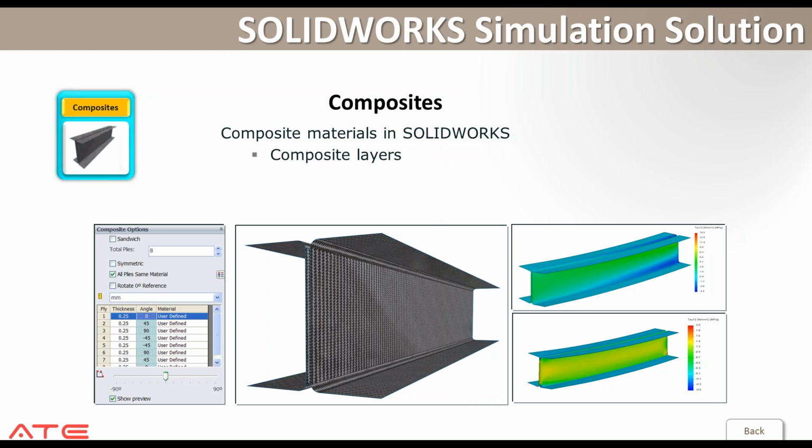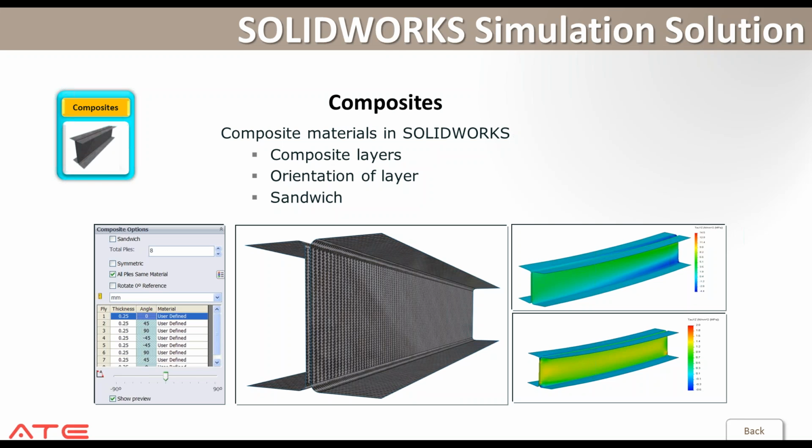So we have composite layers and orientation of layers, and it can also cater for sandwich structures such as honeycombs. Plywood, for example, is one kind of composite example.